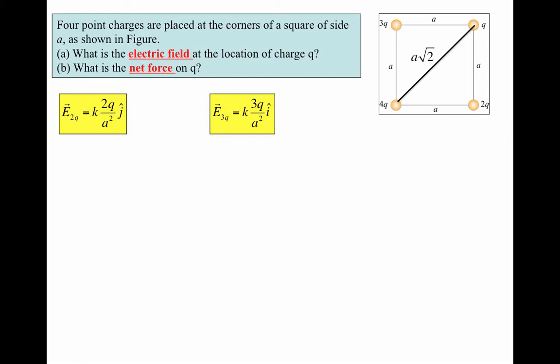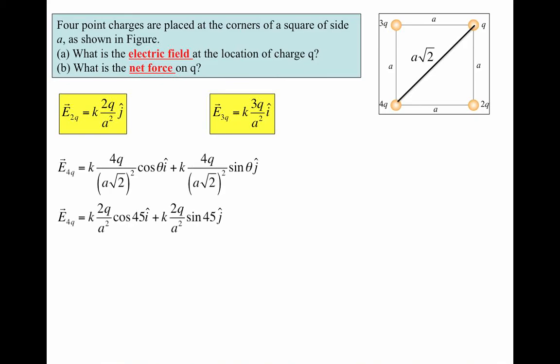And the same thing, E due to the 3Q charge. Again, this will be directed this way, along the i hat direction, and it's one component only. This one has only one component this way, and this one has only one component along the i hat. The electric field due to the 4Q charge is a little bit more, we need to work it out.